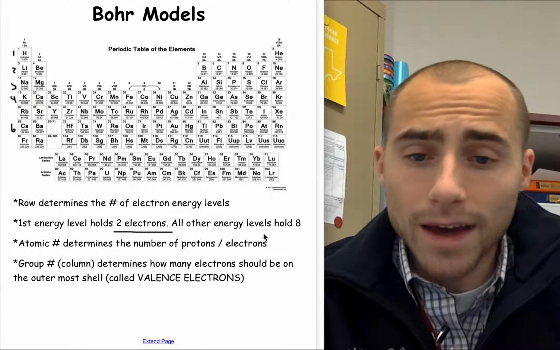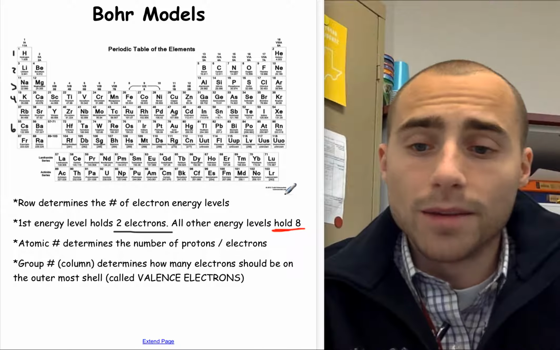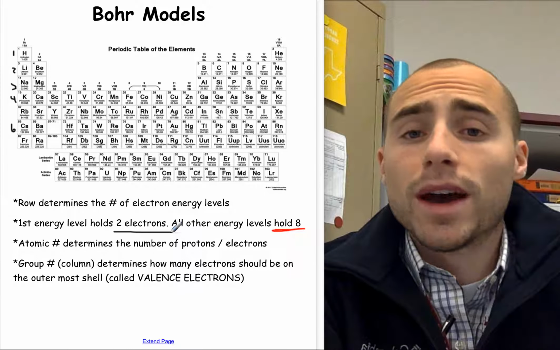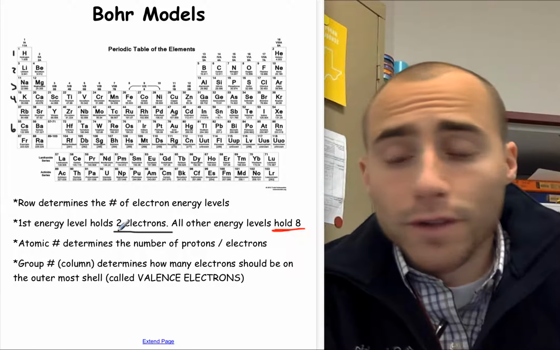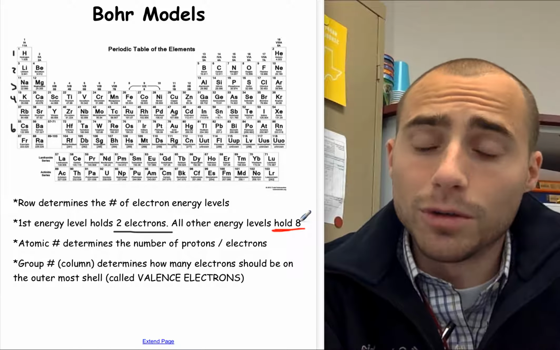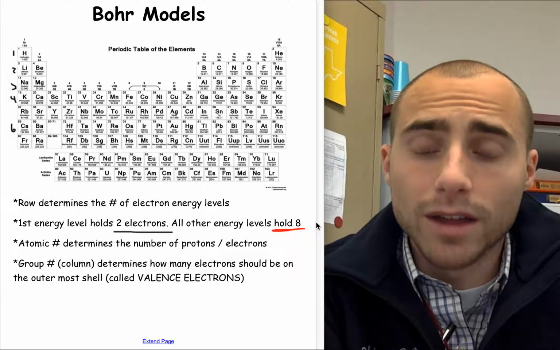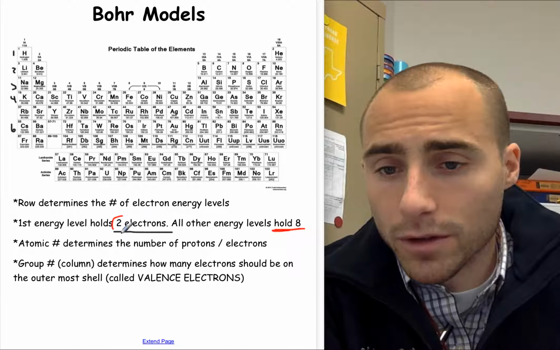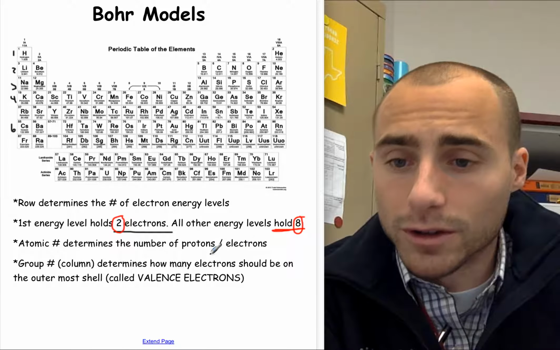However, after that, every other energy level holds up to 8. And an important thing that's on here, before you move to the next energy level, you have to fill the preceding energy level, meaning you have to fill up energy level 1 with 2 electrons before you can put any electrons on level 2. Then you have to fill up level 2 before you can put any electrons on level 3. So that's how that goes. You got to fill each one up. The first one fills up after 2. The rest all fill up after 8. You always want to fill them up first.